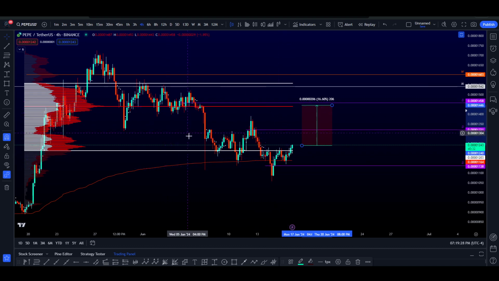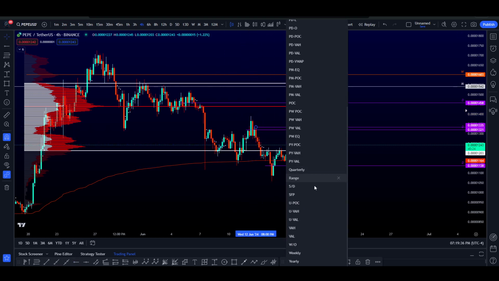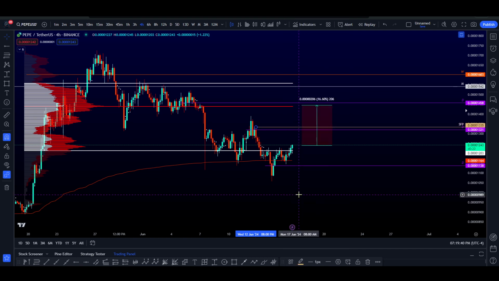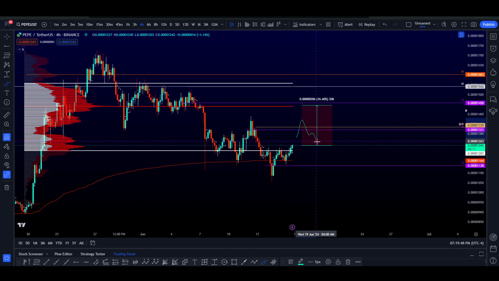With that being said, we can most definitely get a rejection off this level here, because that is a 4-hour pivot high before the sell-off. So we can get a 4-hour rejection off that level before coming down, finding the same support right here or demand before continuing higher, with the main target being the point of control.